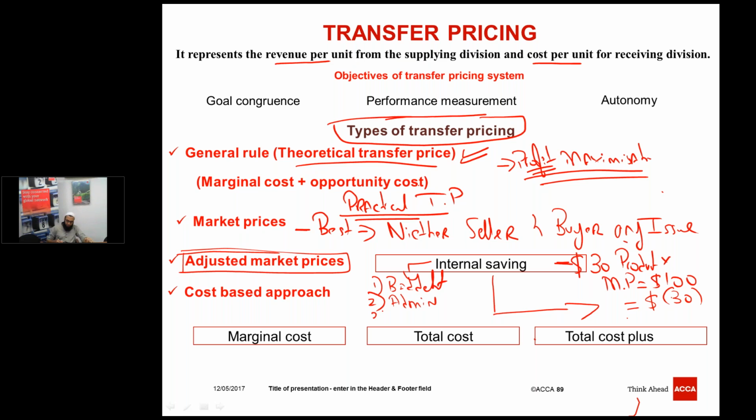Plus, there will be saving in distribution cost. So these are the savings that can be achieved when the companies are doing business with each other.